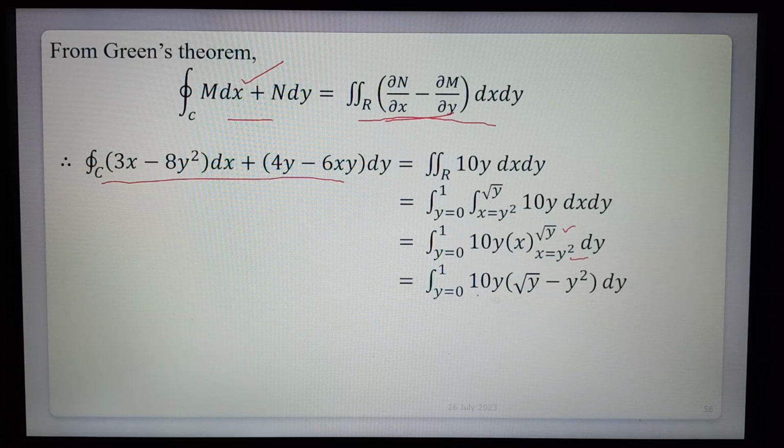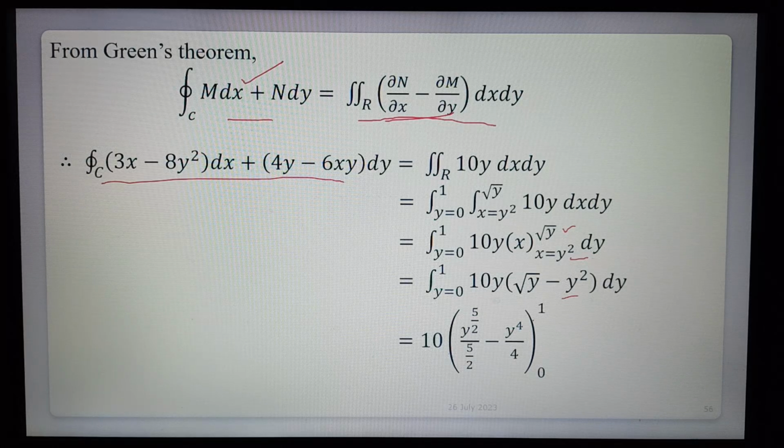Substituting, integration y is equal to 0 to 1, 10y, substituting root y minus y square, dy. Now integrating with respect to y, 10 is constant, y into root y means y power 3 by 2, whose integration is y power 5 by 2 by 5 by 2, minus y into y square means y cube, whose integration is y power 4 by 4.